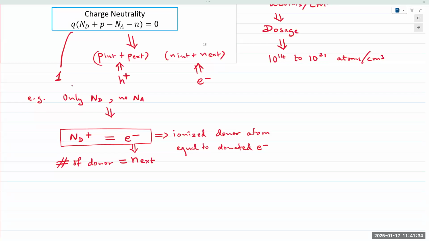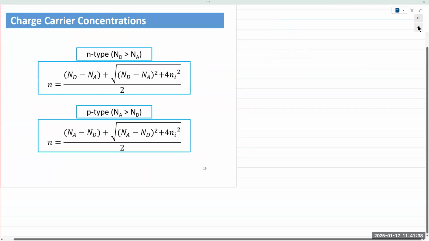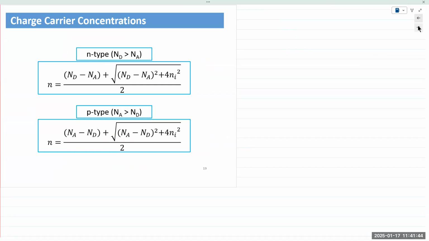Okay. Now, when we introduce a large number of charge carriers in there, oh, actually, I jumped one step ahead. To calculate the number of electrons and holes that are generated, we have these equations. If the number of donor atoms is far larger than the number of acceptor atoms, we can determine the number of charge carriers.